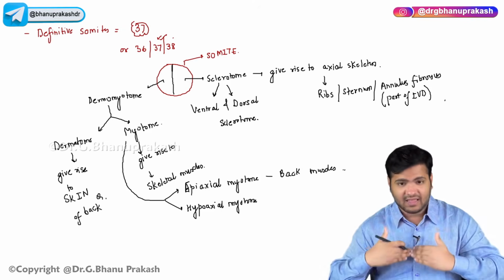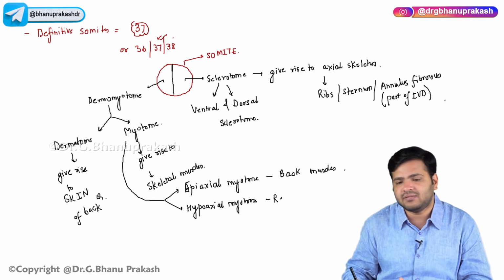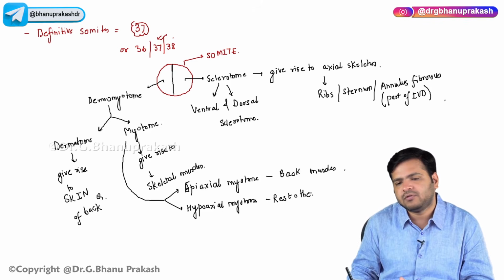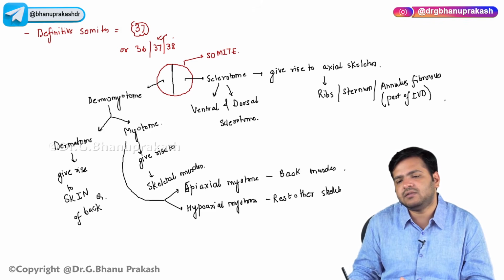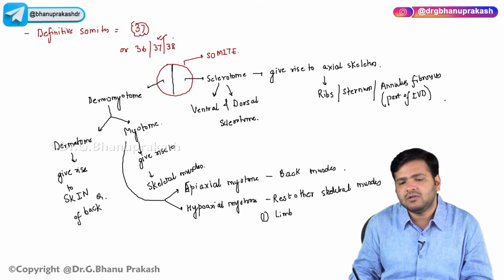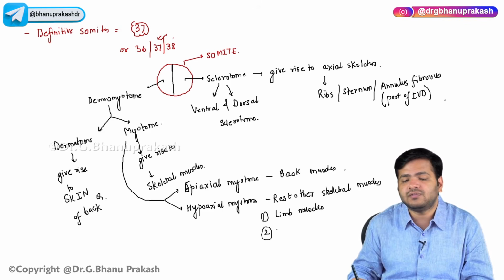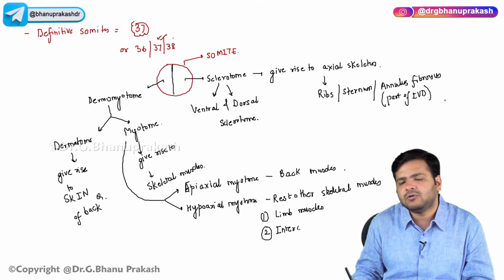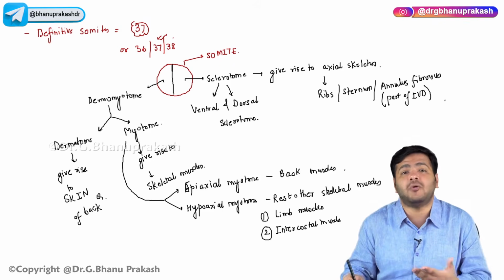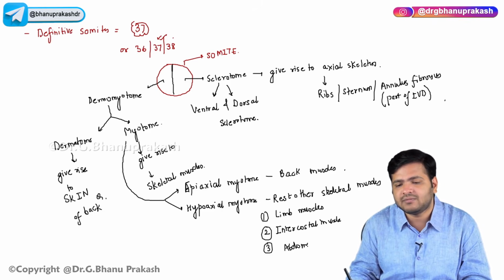And hypo means the front part, so it will give rise to the rest of the skeletal muscles. You already know, the rest of the skeletal muscles means I'm talking about the limb muscles, the upper limb and lower limb muscles, the intercostal muscles, and it will also give rise to abdominal muscles.